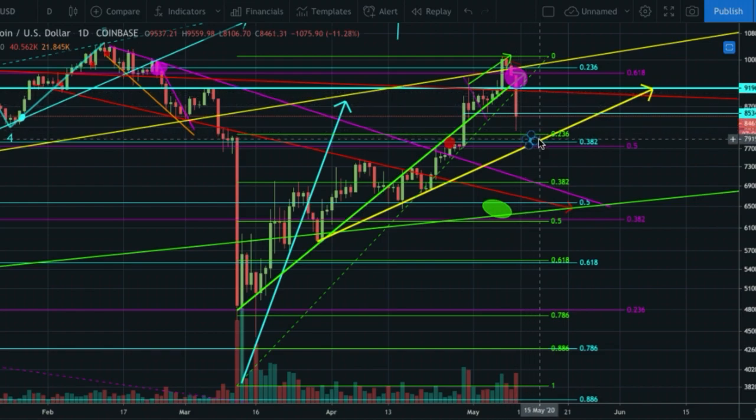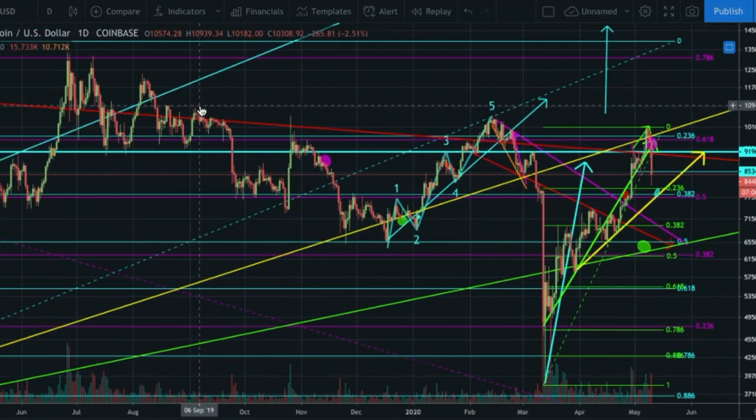Now in the event that we do find support here and continue to the upside, take out this high, and start moving up here, that's when you'll potentially see the altcoins lagging behind get a massive move, and then after Bitcoin tops out, you'll see the altcoins follow behind it with even bigger gains. But again, that's the transition into an actual bullish long-term uptrend.